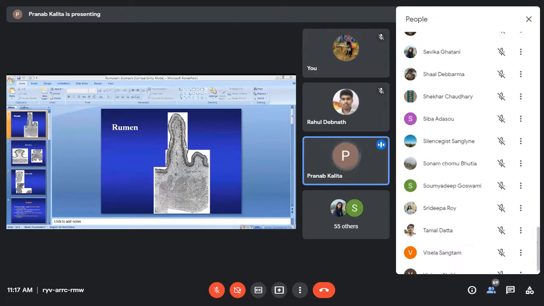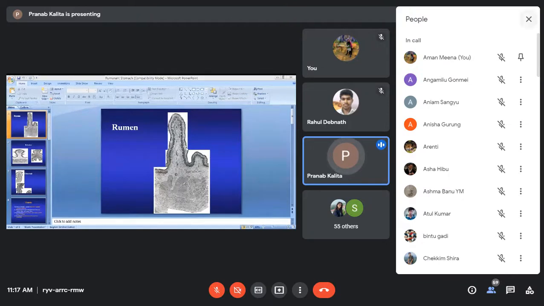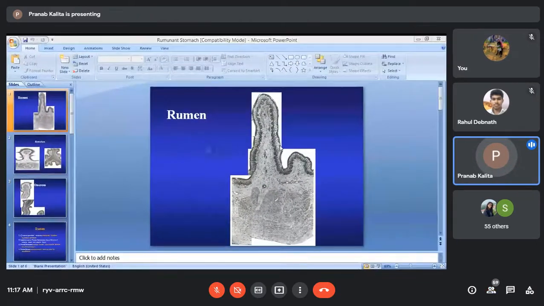So the first three compartments are rumen, reticulum and omasum, and the last compartment is the true stomach, the abomasum. The histology of the abomasum is similar to the simple stomach histology, that is, the cardiac, fundic and pyloric gland regions we have already studied.